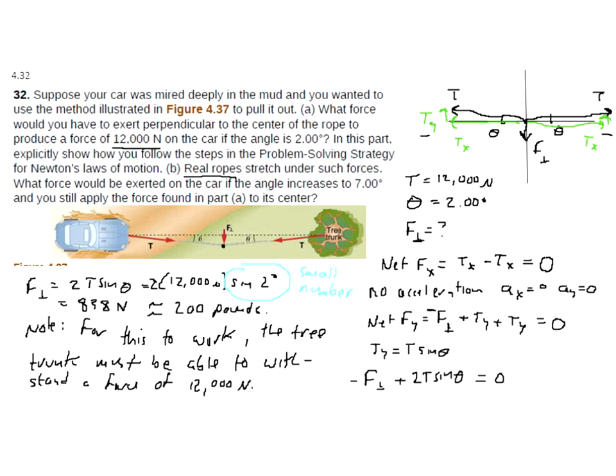And here we'll just call this theta 1. So now F perp equals 838 newtons. Theta 1 equals 7 degrees. And now what is T?